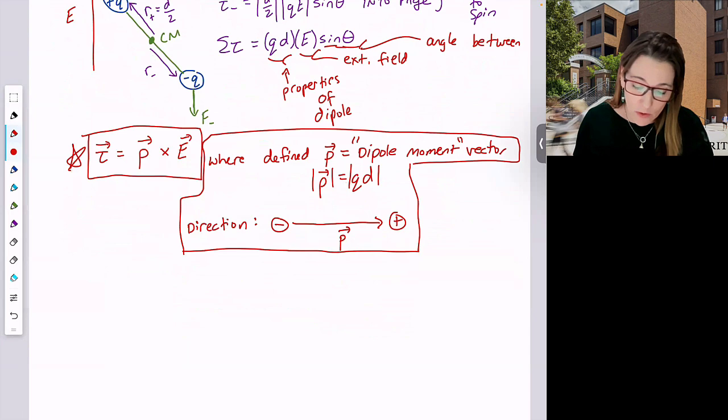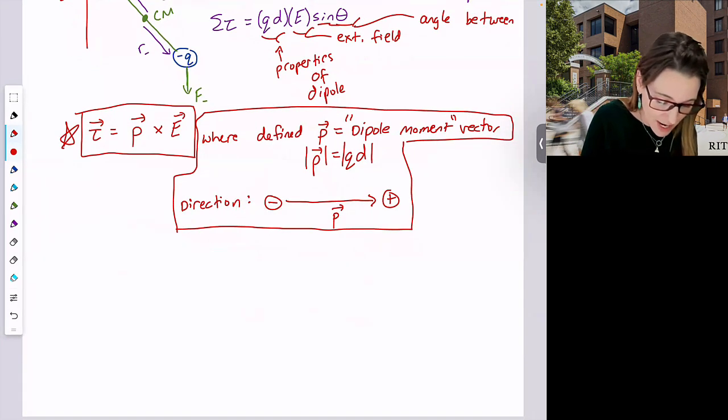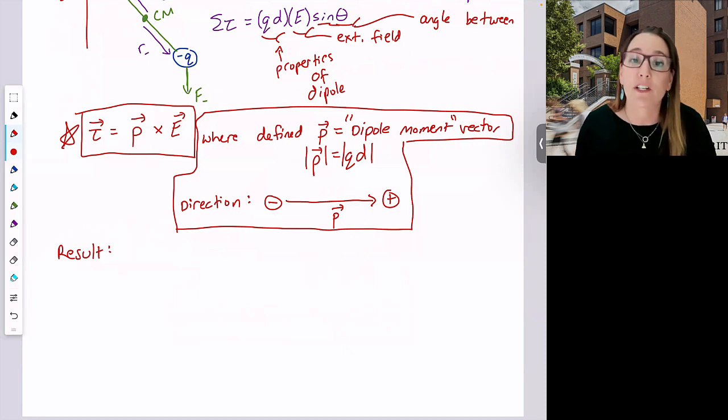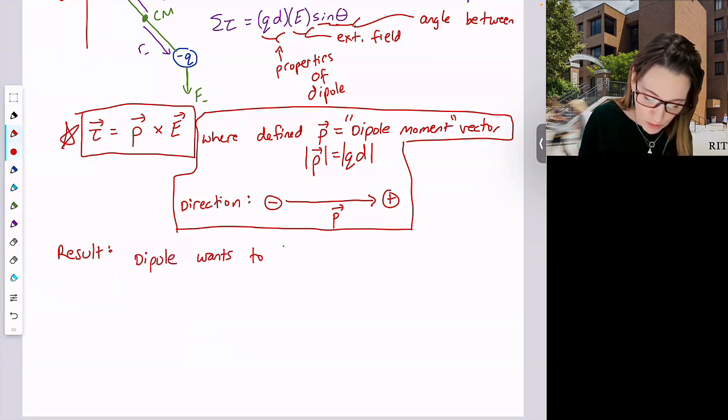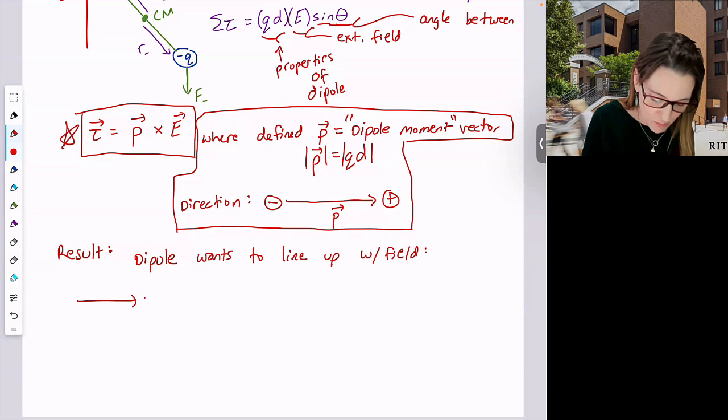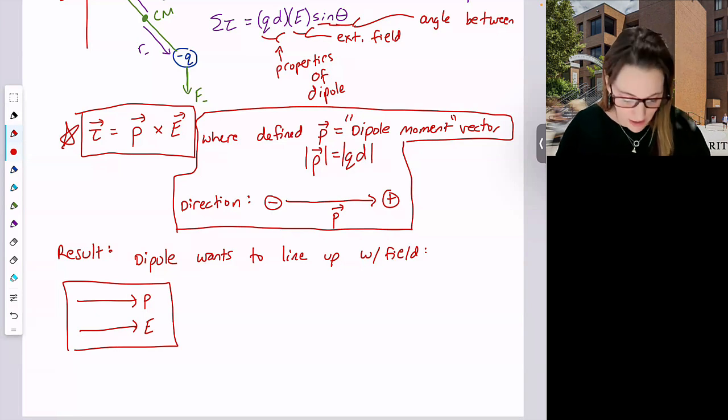Now, a nice result of making this definition of the dipole moment vector is that the dipole wants to line up with the field. So if we look at the situation here, the P and the E, that would be how it wants to line up.